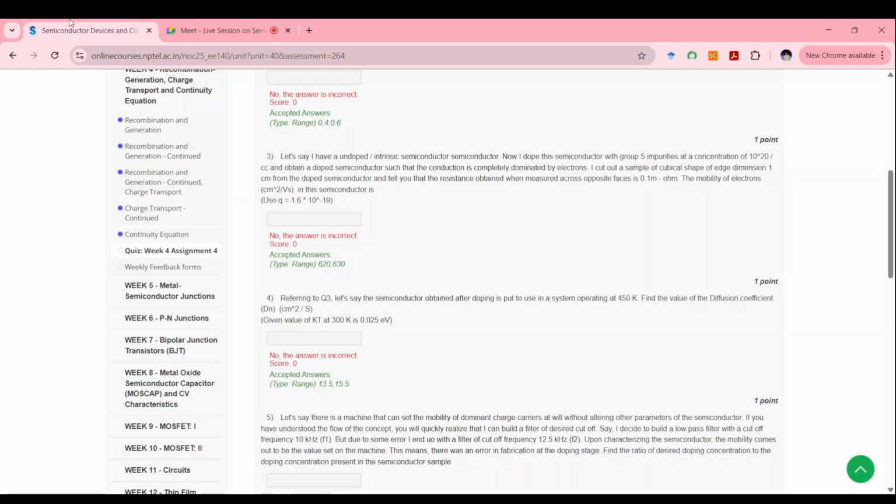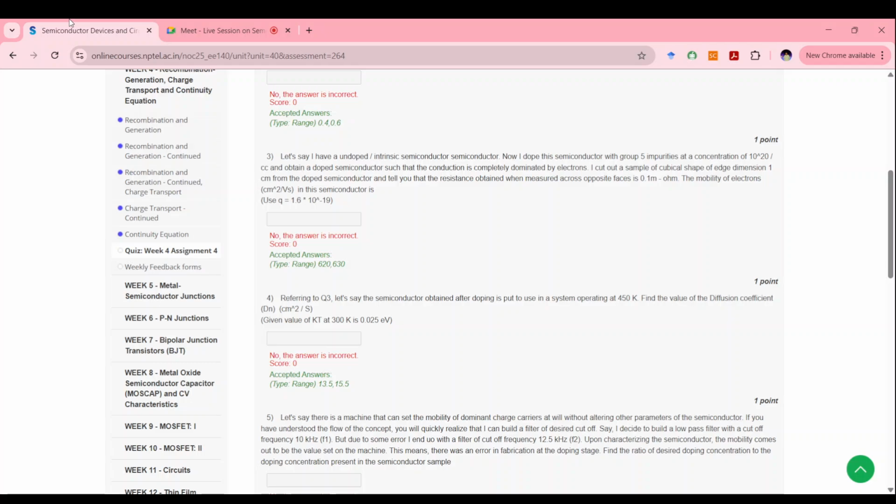So this is 14.6484 multiplied by 10 to the power of 19. So this is okay. The value they have given is 13.5 to 15.5, and it is inside that, so we can write it as 14.6 into 10 to the power of 19, which is in the range of 13.5 to 15.5.